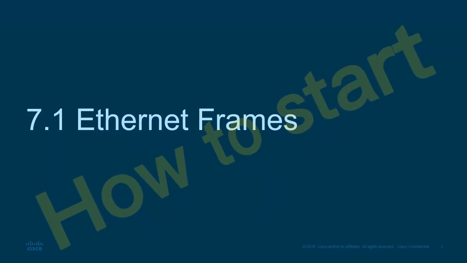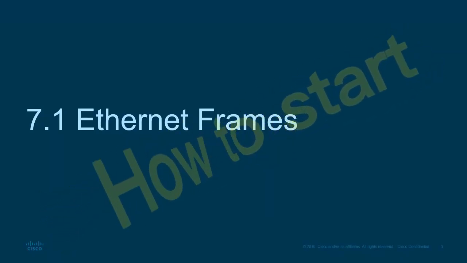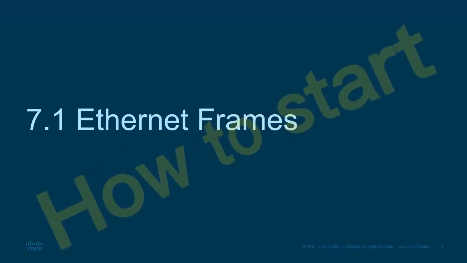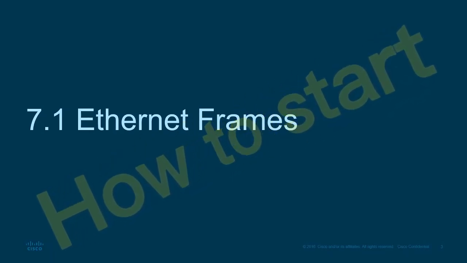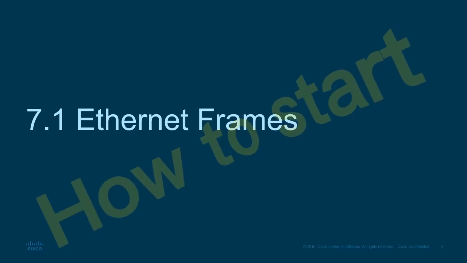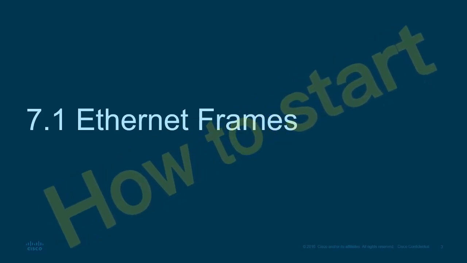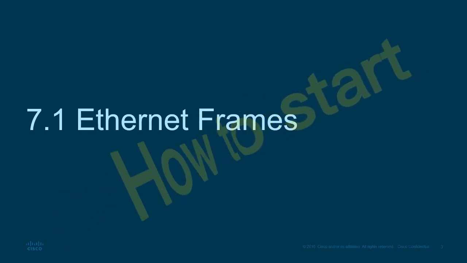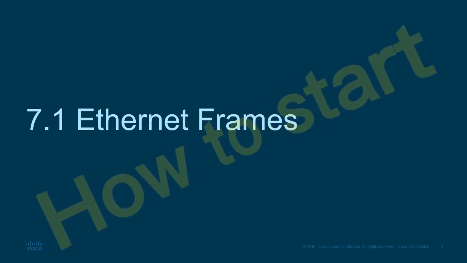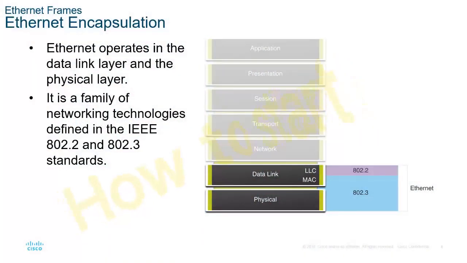So remember, Ethernet frames happen at layer 2. They take a packet from layer 3 and convert it into a data frame, depending on which technology layer 2 is using. This chapter is all about Ethernet, so that's the underlying technology we will be using. Ethernet actually operates at both layer 1 and layer 2.